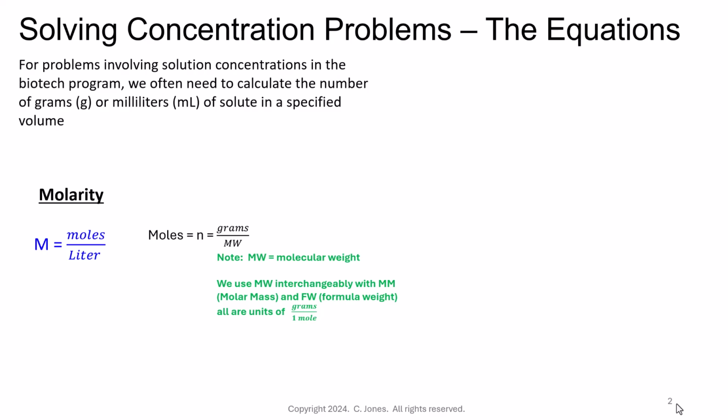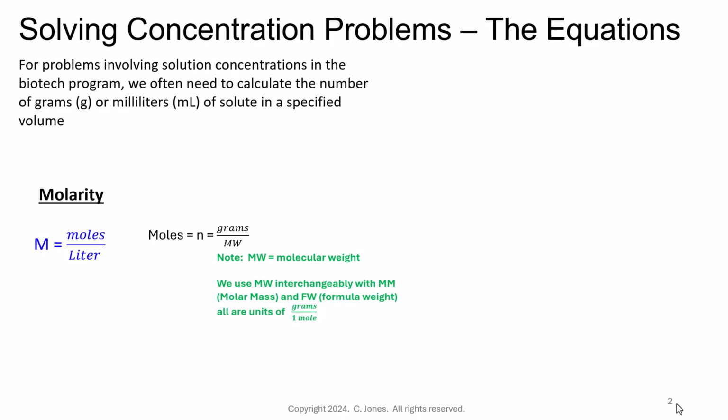Often you can type it in as the formula or as the chemical name if you know it. A lot of times the molecular weight is printed on the label of the reagent bottle, usually on the side or sometimes right underneath the name of the compound. Besides molecular weight and MM, I include FW because they haven't changed the label format for literally 50 years, and 50 years ago they often used formula weight instead of molar mass or molecular weight. But they're all the same.